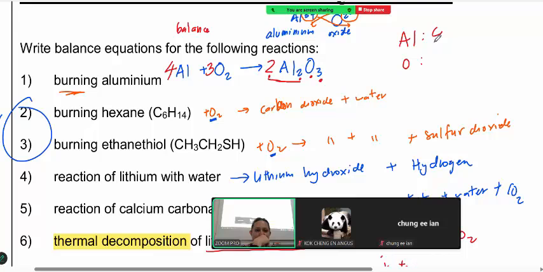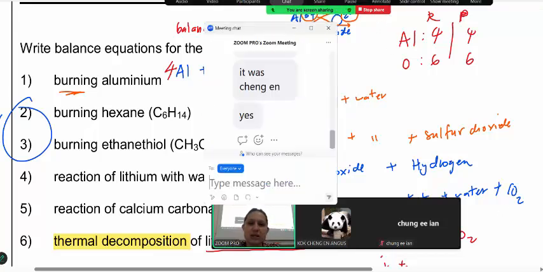So 4, 2 times 2, 4. 3 times 2, 6. 3 times 2, 6. Reactant and product must be the same amount. Okay? Chen En, get it? Ian, do you understand now? Yes.